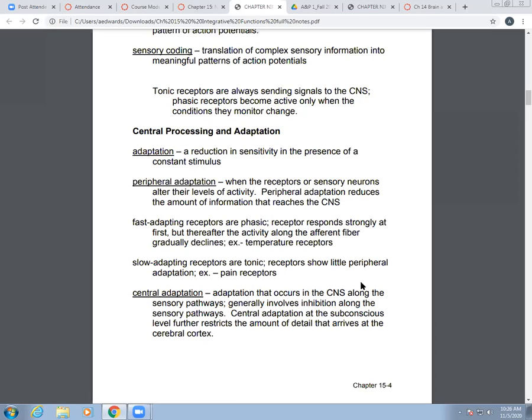And it's generally involving inhibition of these sensory pathways. Central adaptation happens at the subconscious level. It's going to decrease the amount of information that gets to your cerebral cortex, because it's generally involved in inhibition.